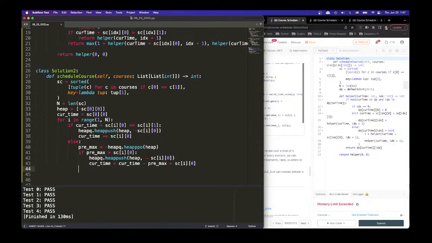But if we cannot do the swap, then we just ignore the current one. Then we just heapq.heappush heap previous max, push it in, and at the end of the day we return len heap.